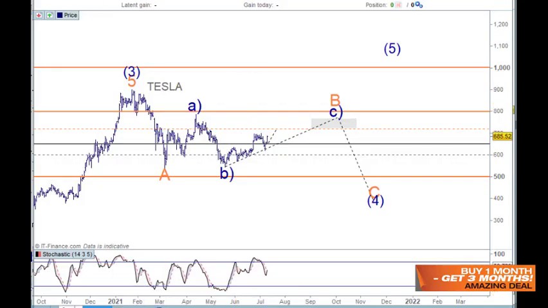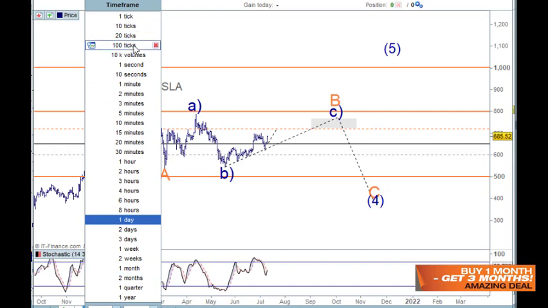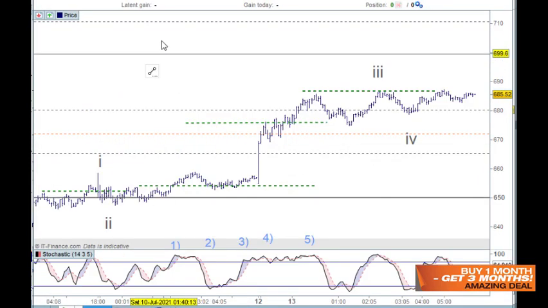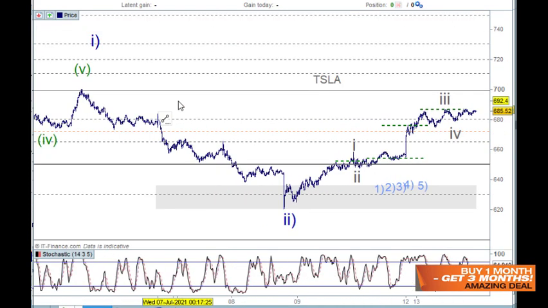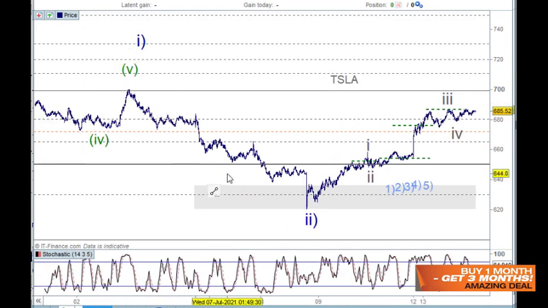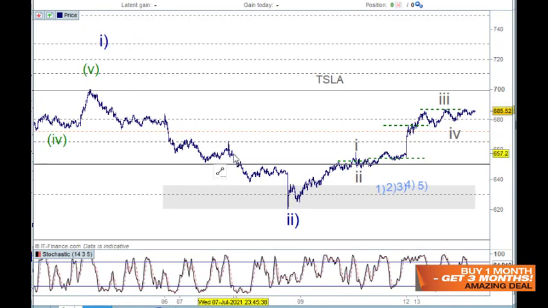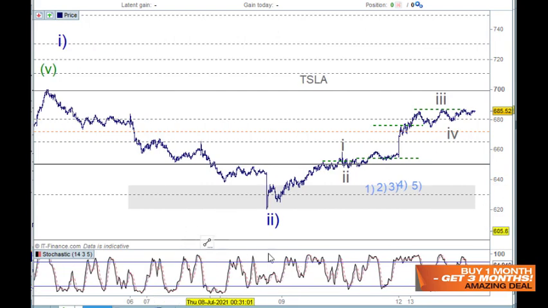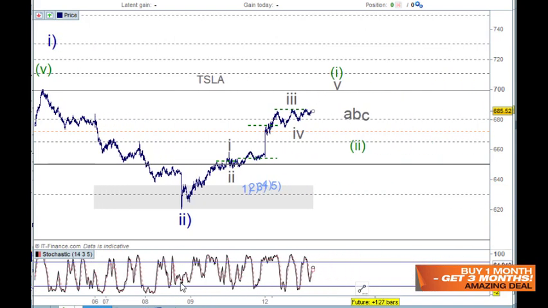On an intraday basis, I'm just going to go straight to the tick chart here for a moment. And do I need to bring any data? No, it's okay here. So what we've been looking for here, this is just the tick chart, was to get support on this medium level here, 650.